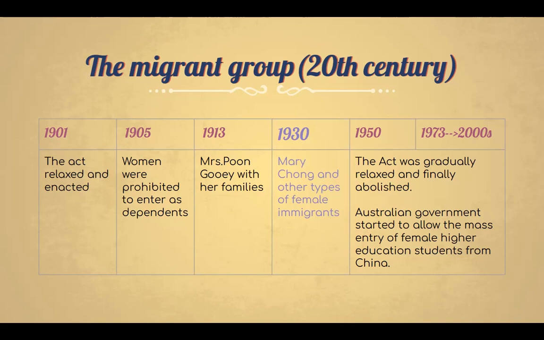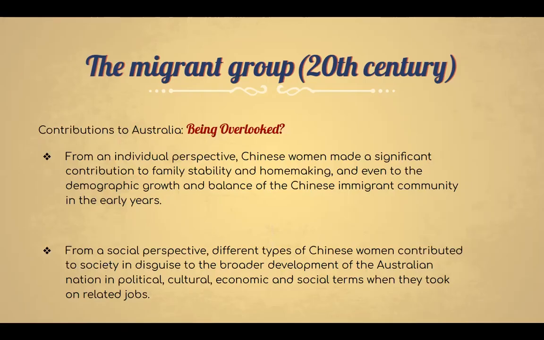Until around 1950, when the policy was gradually relaxed, the Australian government started to allow the mass entry of female higher education students from China. Under these conditions, the contribution made by the Chinese female community is often overlooked.